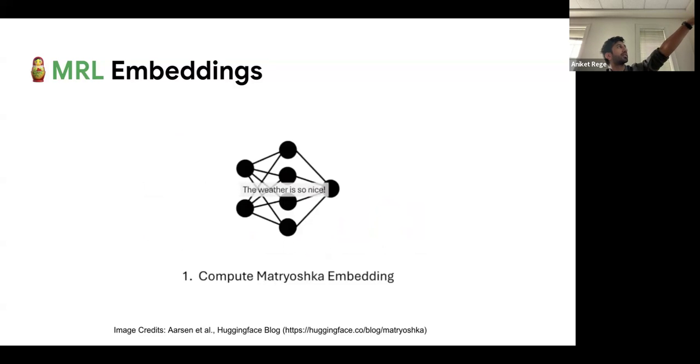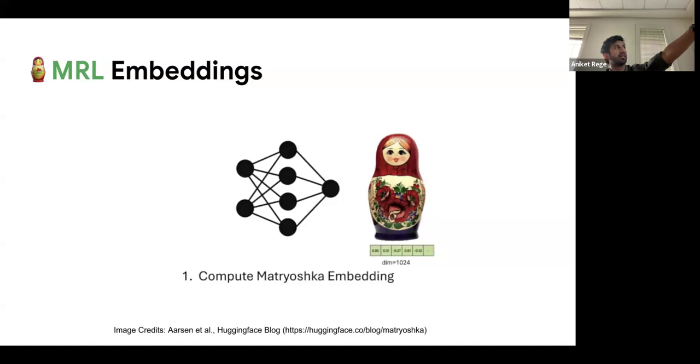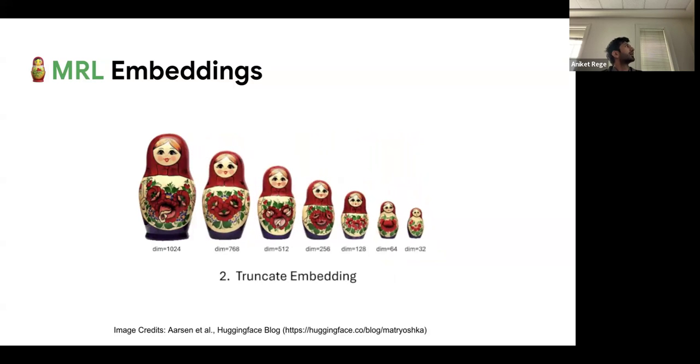You have some kind of query that goes into some kind of language model. You get your default embedding size, and then you just truncate it to whatever you want for whatever task at hand. How do you select the dimensionality?